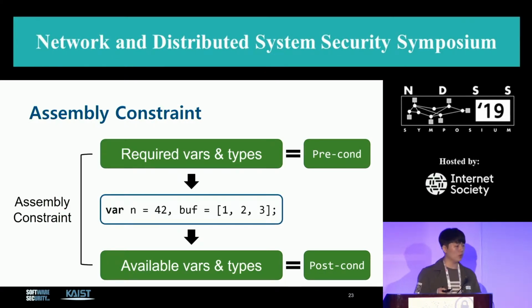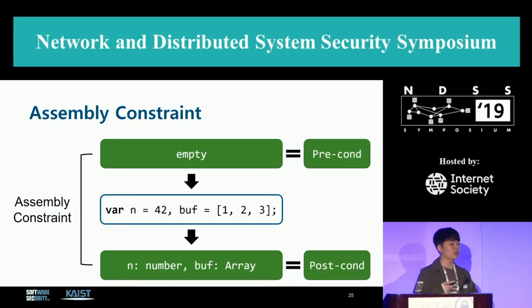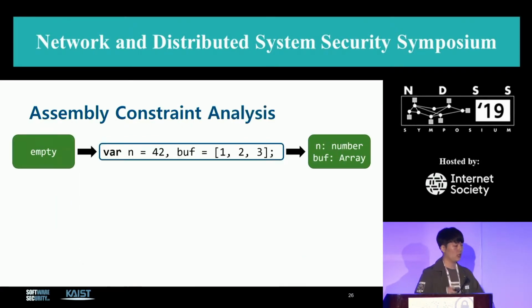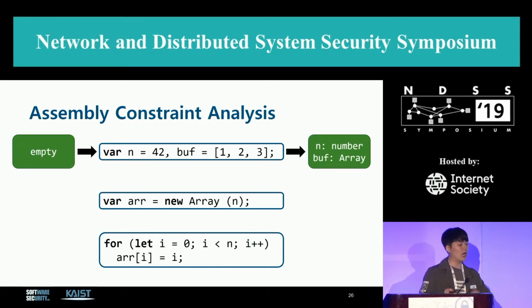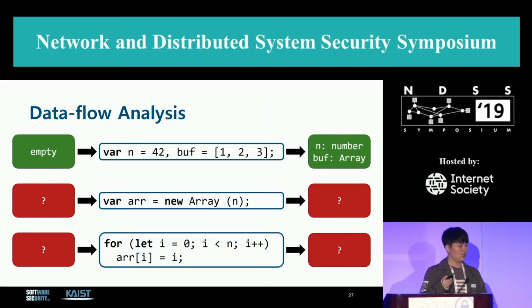Here is an example. This code brick does not use any variable. It means that we don't need any variables to execute this code brick. So the precondition is empty. After the execution, this code brick declares a number and an array buff, which are the postcondition. So like this example, assembly constraint analysis is that for the given code bricks, figure out their preconditions and their postconditions.